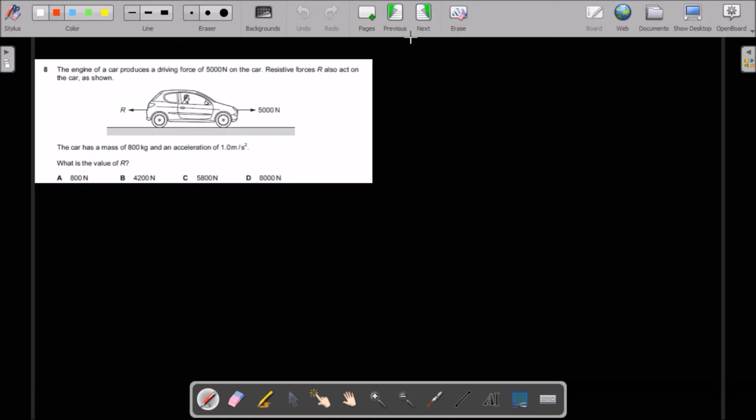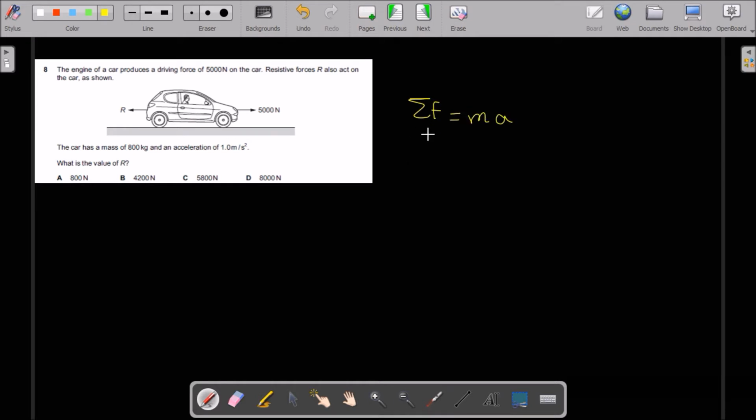Question 8. The engine of a car produces a driving force of 5,000 Newton on the car. Resistive forces R also act on the car as shown. The car has a mass of 800 kg and an acceleration of 1 meter per second squared. What is the value of R? We know that according to Newton's second law, sigma F equals ma.